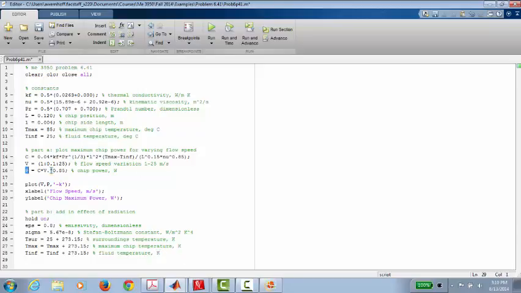Our equation for power is the same as before, except we're adding in a radiated term. So we're going to take that value from before and add L squared times epsilon times sigma times T max to the fourth minus T surroundings to the fourth.